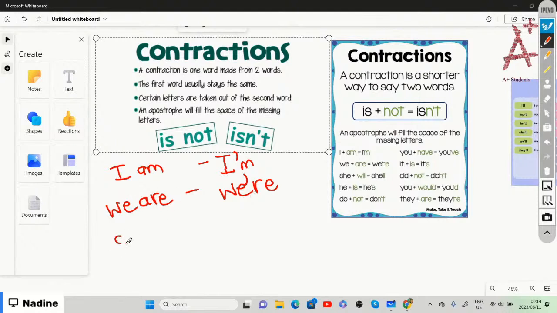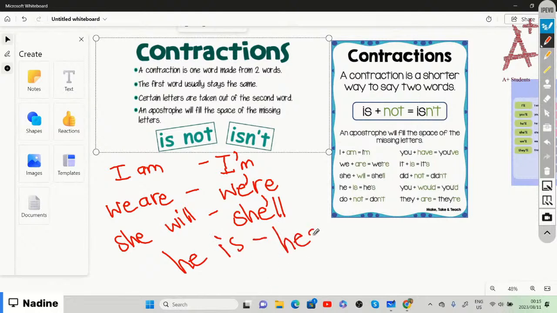She will, shortened to she'll. And the W and I that we left out, we put the apostrophe. He is, we shorten it by saying he's. And the I that we left out, we put the apostrophe in its place. Then we have do not, and we say don't.